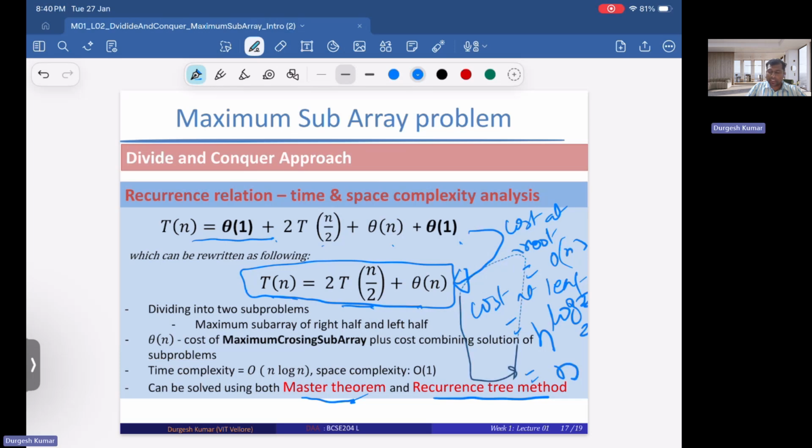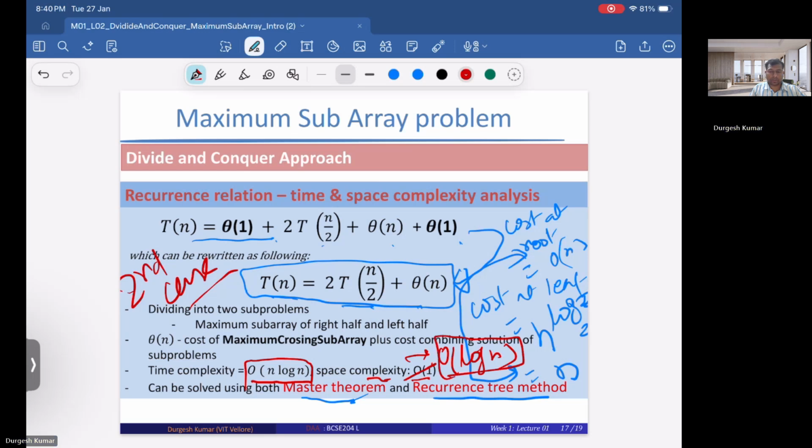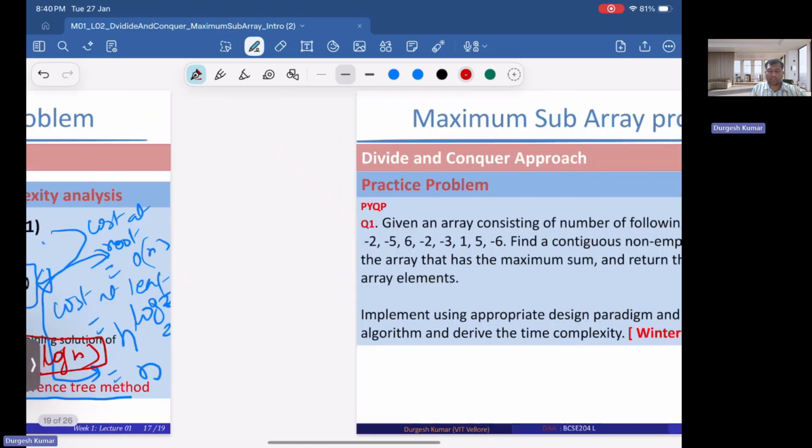Comparing these, both are the same, so it comes under the second case of the master theorem, which will result in order of n log n. We are not using any auxiliary space to store any variable, but if we consider the recursion depth, the space complexity will be order of log n, the maximum recursion depth. So this is the time and space complexity analysis of the algorithm.